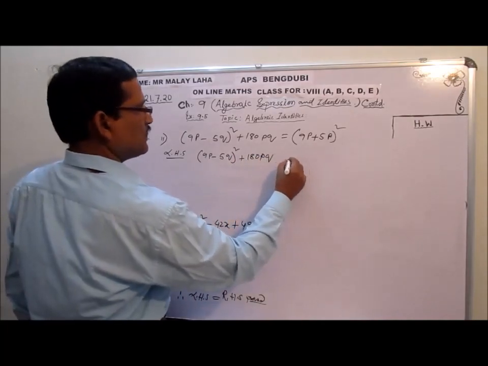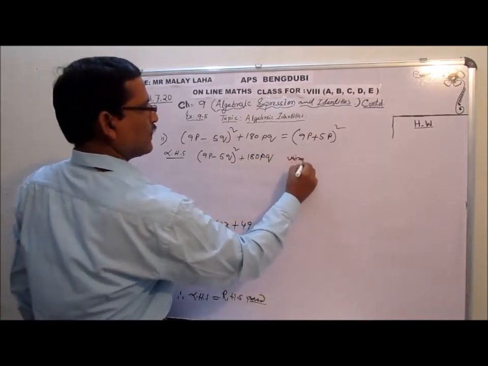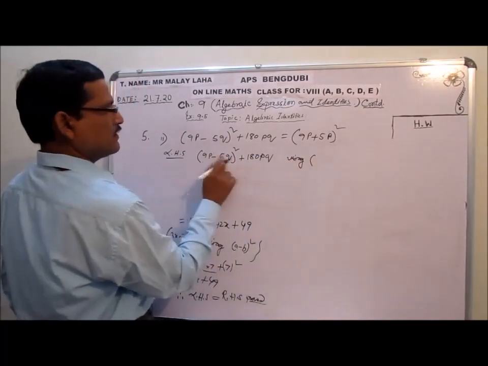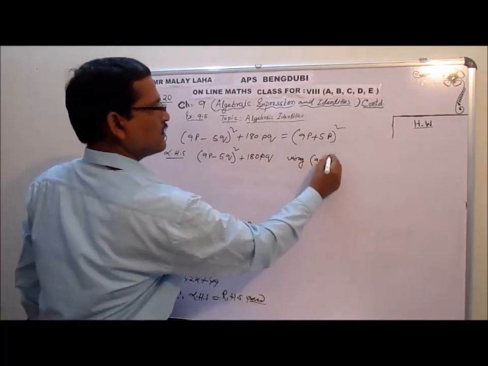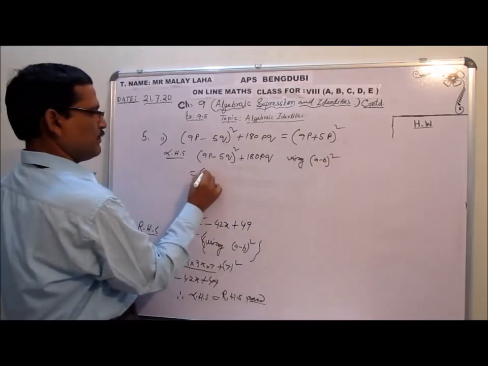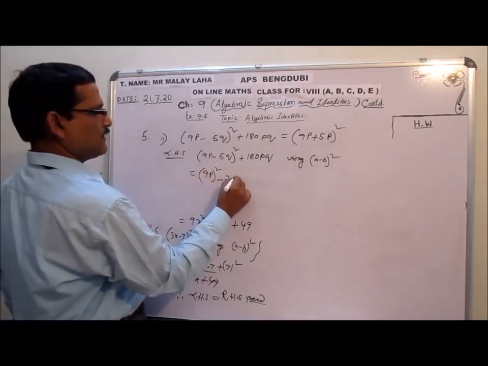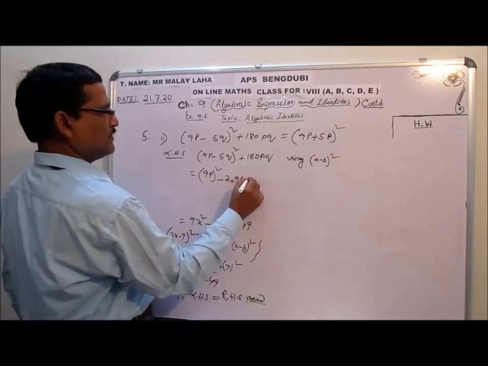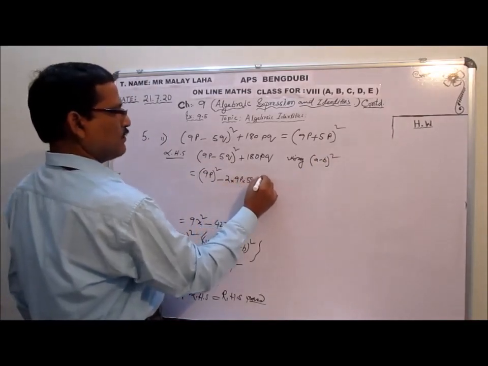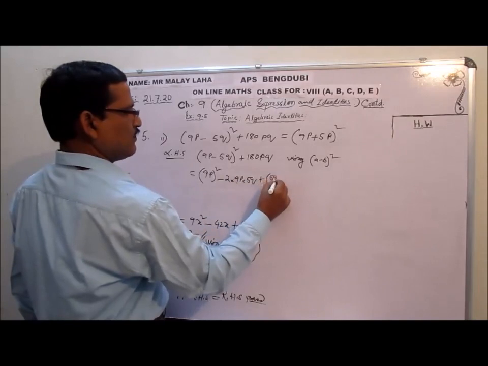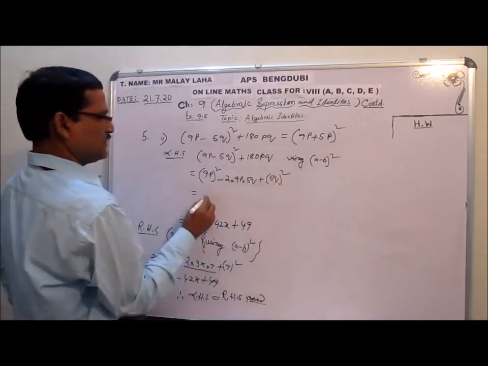So using (a minus b) whole square. So a square means (9p) square, minus twice a means 9p, b means 5q, plus b square means (5q) whole square. What is the result coming?